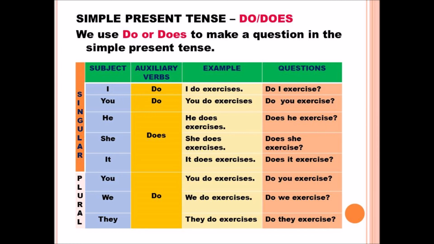How do we change it into a question? Do you exercise? Do we exercise? Do they exercise? See, for questions, do or does comes in front and the subject goes next to it. This is how you have to frame questions using do or does.